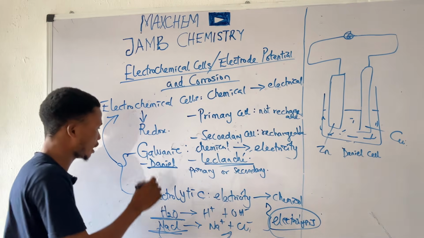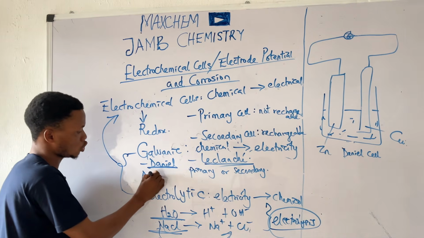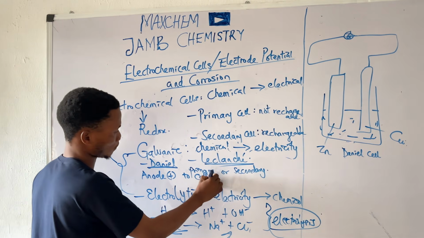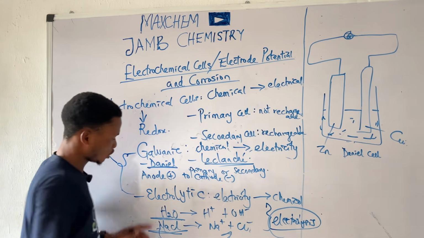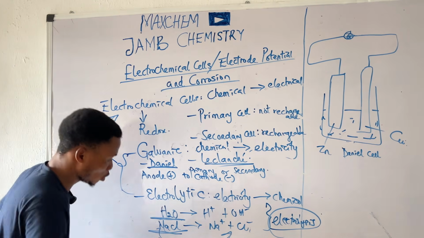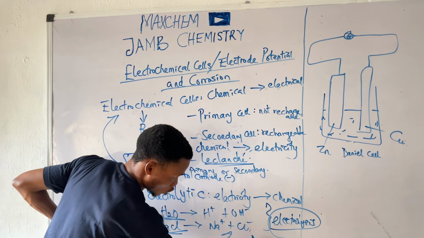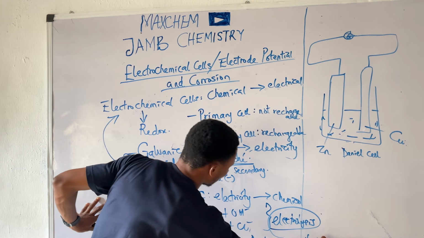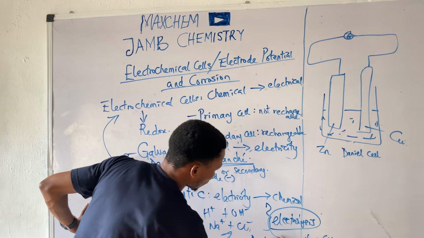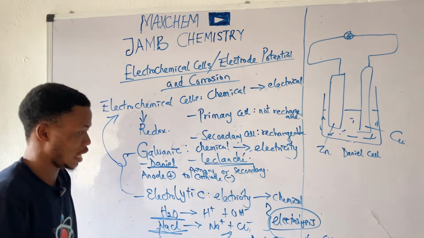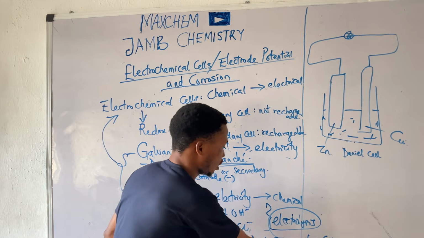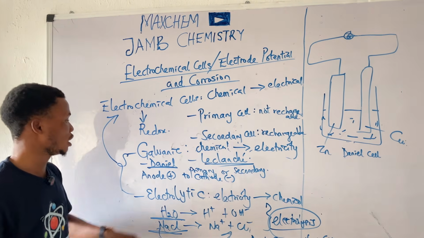So what happens here is that the electrons will move from the anode to the cathode. But here, in the electrolytic cell, the electrons will also move from the anode to the cathode, but the charge will be different. The reason is because we are forcing the current into the cell, so the charge of the electrode will be different.